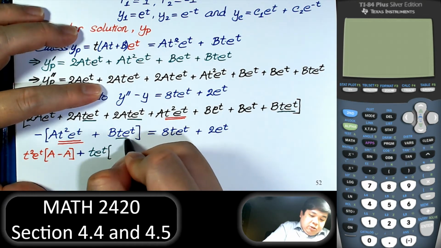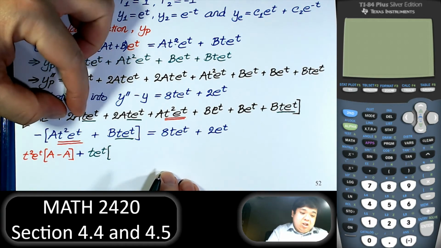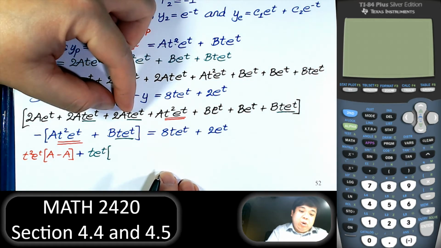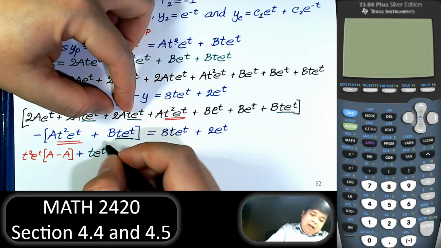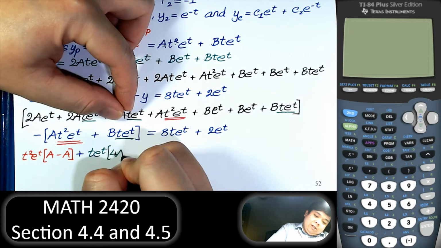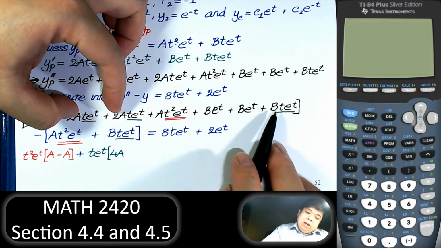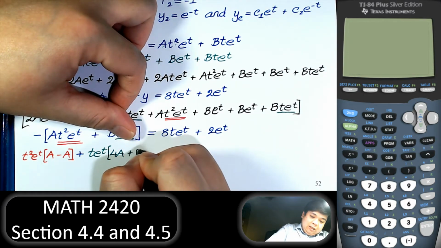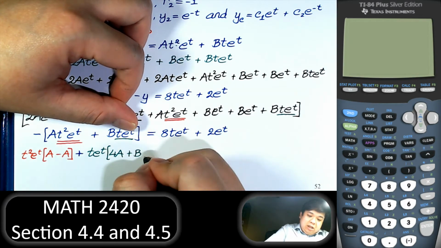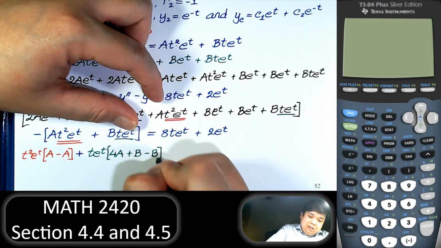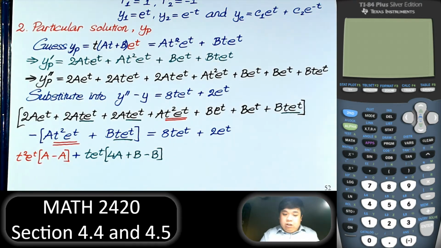So there's 2a here. There's another 2a. Make it 4a. There's a b, and there's minus b. That takes care of the t e to the t.